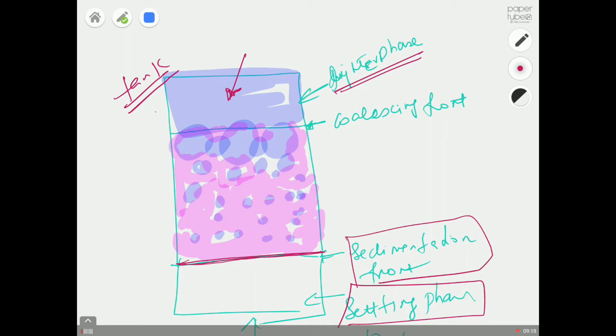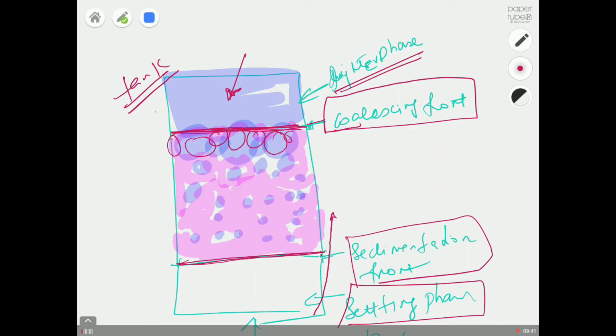This sedimentation front is going to increase once you stop your mixing, until it reaches some point. And the line at the boundary of your lighter phase, we can call the coalescing front.